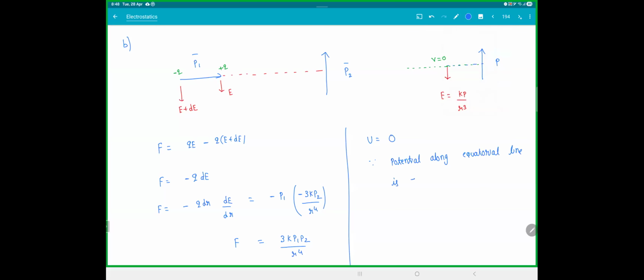It's an equipotential surface. Because if you remember the formula for potential, it is Kp cos theta by r square, and here your theta is 90. All clear with this? That's your dipole-dipole interactions.